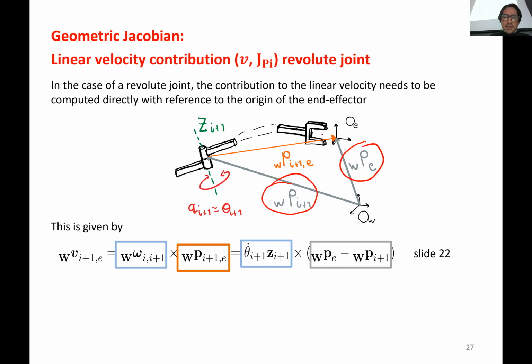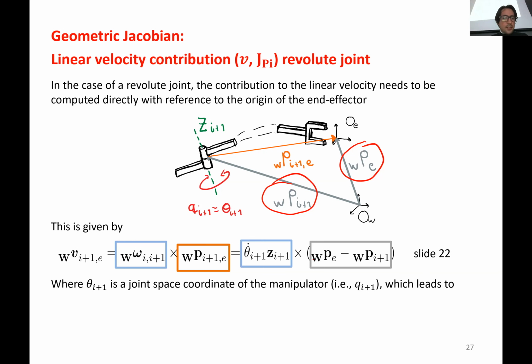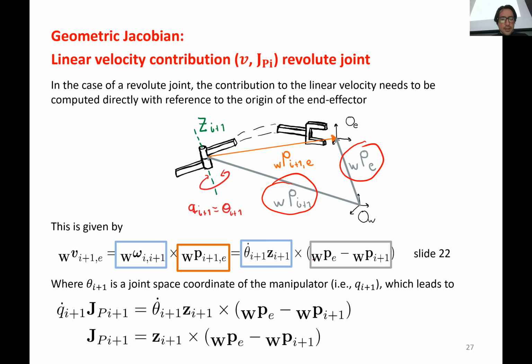And remember that this expression, the angular velocity from i to i plus 1, is just the derivative of the joint space variable theta i plus 1 about the axis of rotation of the joint, which is z i plus 1. And this is what I'm explaining here. And then we end up with these expressions.